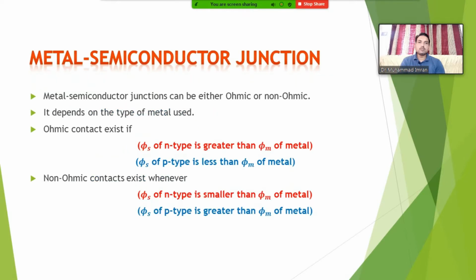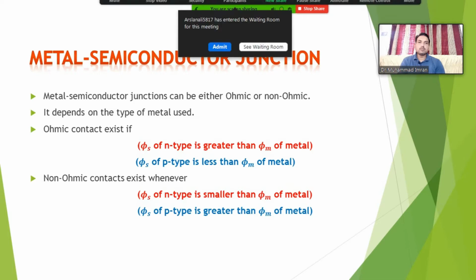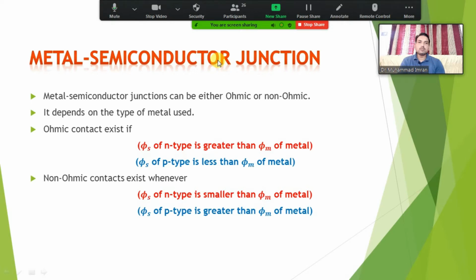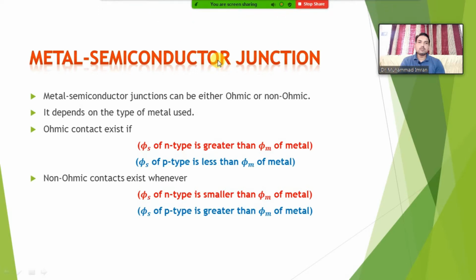Okay, so this is our discussion about the metal-metal junction. Now we want to discuss a few characteristics of a metal-semiconductor junction, or you can say a heterostructure. What happens when you make a contact of a metal and a semiconductor?